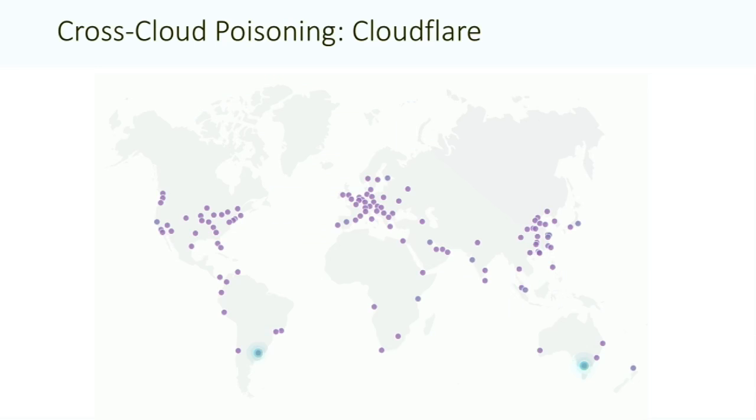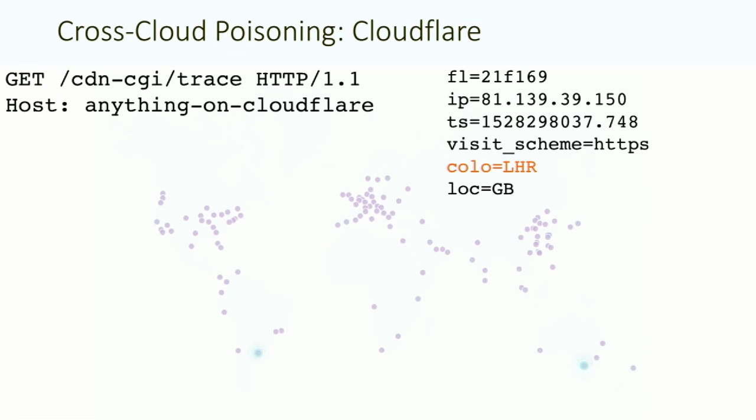So that was great, but do we really need to hire a VPS every single time that we want to poison a specific cache? Well, I decided to just do a bit of research to find out. So Cloudflare has a lot of caches, you can see them all here, and they have this fantastic feature, which is on any Cloudflare website, you can send a request to cdn-cgi/trace, and you'll get some metadata back. And included in that metadata is the highlighted line, which tells you which cache your request has hit.